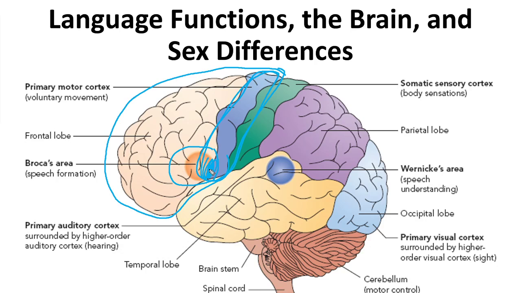So people who speak with their hands might be doing that because the part of our brain that's responsible for speech formation is really close to the part of our brain that controls our hand movements. So both might be activated at the same time. So that might help explain why we use our hands so much when we're talking to try and help get a point across.